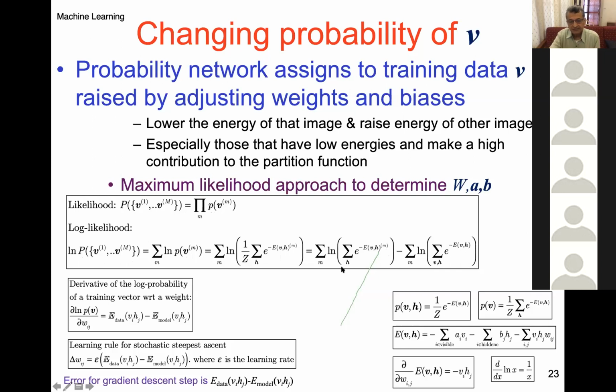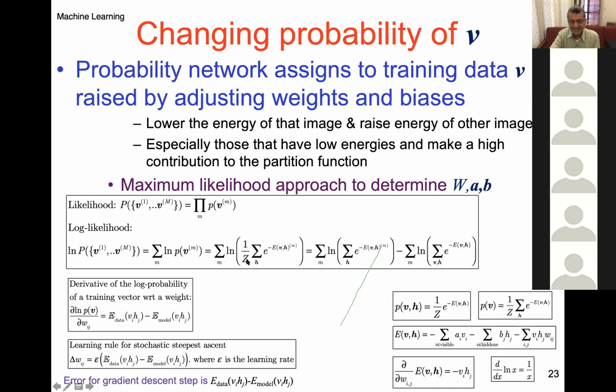Then we do some algebra and say there are two terms here. There is one term like this, summation over M, the sum over H of E(V, H). That E(V, H) occurs here also, and we're summing over V and H over here. That's the partition function part of it. How did we get this?